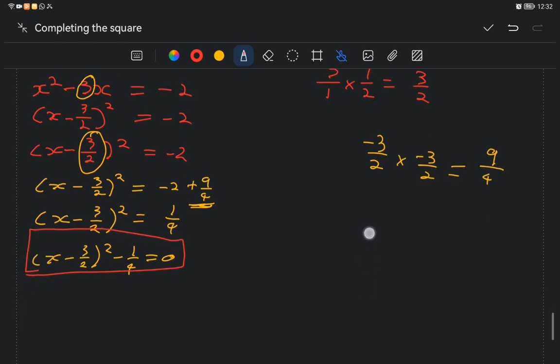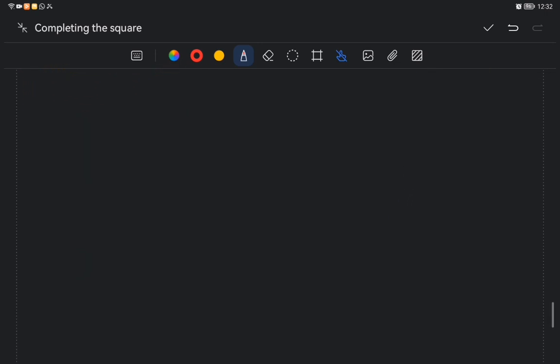And now let's get our second last example. So let's say we are given x squared plus 5x plus 10 is equivalent to 0, right?